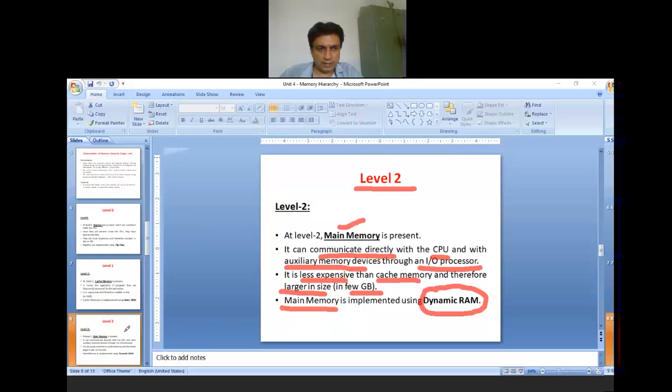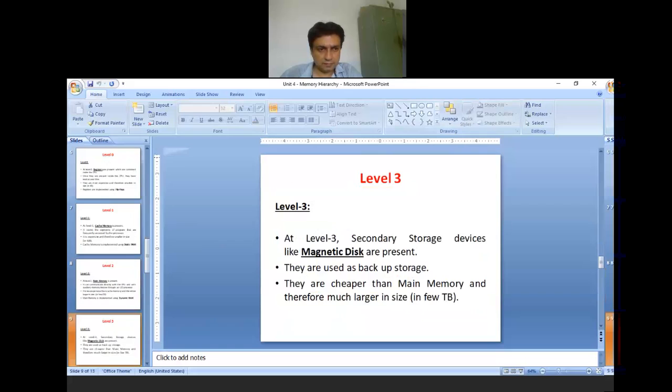Now moving to the next slide. Level 3. At level 3, secondary storage devices like magnetic disk are present. They are used as backup storage. They are cheaper than the main memory and therefore much larger in size, in a few TBs.